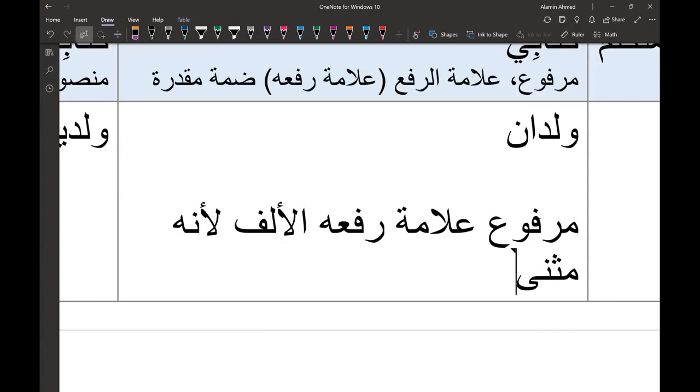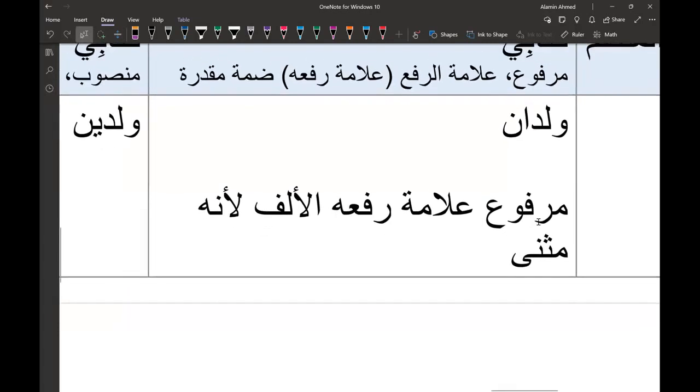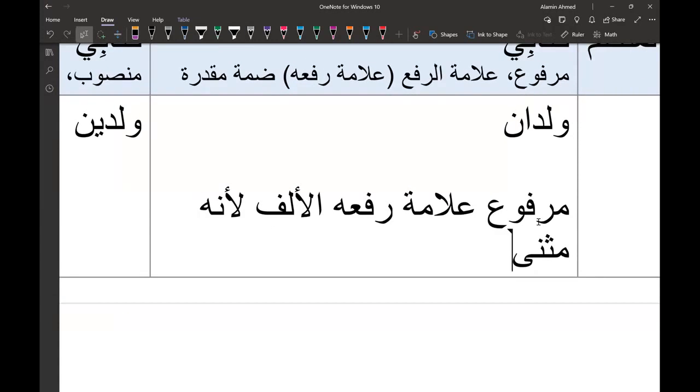That's it. Everything we know, the words, we just have to put them in this kind of phrase, and then we're done. So here we say it's marfu wa alamatu raf'ihi alif. Why? Li'anna means because. You should know this word. Because it is muthanna. Okay, now you have a complete i'rab.